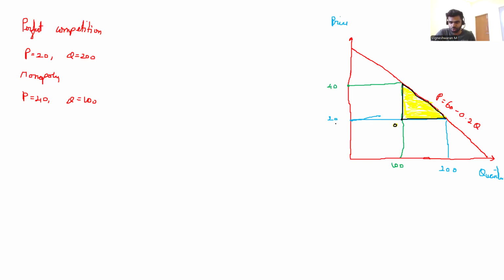So what is the height? This is 40, this is 20, means the height is 20. Now this is 100, this is 200, so the base is 100. What is the area of the triangle? Half base into height. So 1 by 2 into 20 into 100, it will be 1000. So 1000 is the deadweight loss.